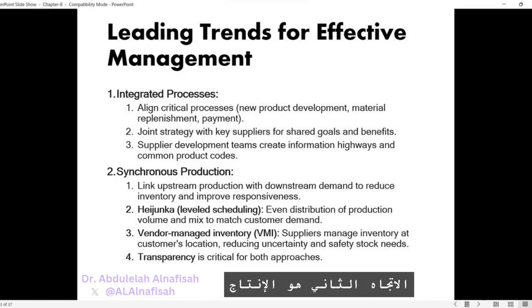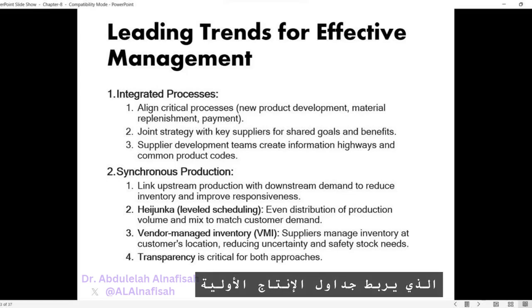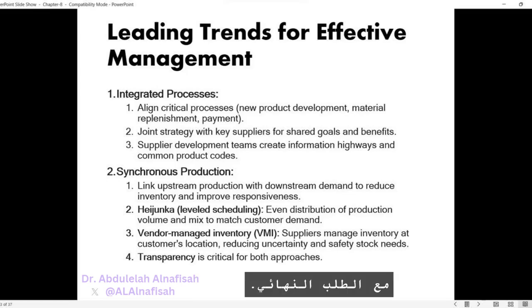The second trend is synchronous production, which links upstream production schedules with downstream demand. This approach aims to reduce inventories while improving responsiveness. Heijunka, or leveled scheduling, distributes volume and mix evenly over a given time period to match end customer demand.